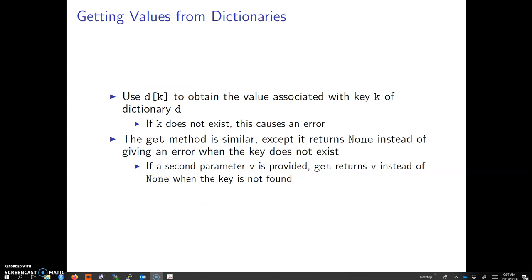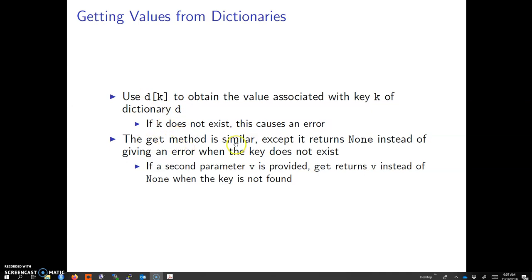Use this syntax here, the dictionary and the key, to obtain the value associated with a particular key within your dictionary. If the key doesn't exist, it's going to give you back an error. So you can go, okay, I want to see what my current count of osprey is. You could plug in osprey for your key, bird dictionary for your dictionary there, and find out what the current count is.